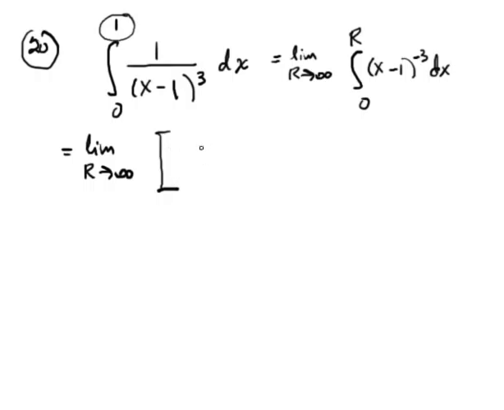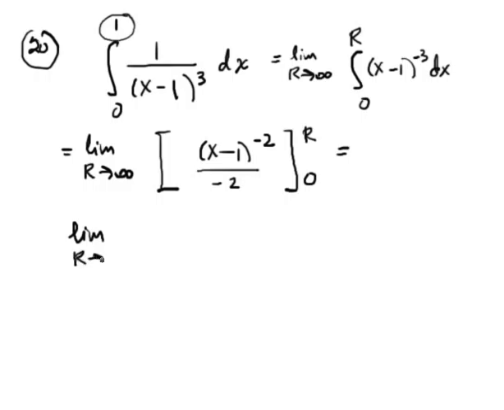Okay, so here add 1, we get x minus 1 to the minus 2, and divide by minus 2. And we'll substitute in now. Okay, I'm going to write it like this. I'll write this in the denominator. And then we have minus a minus, so that's plus.